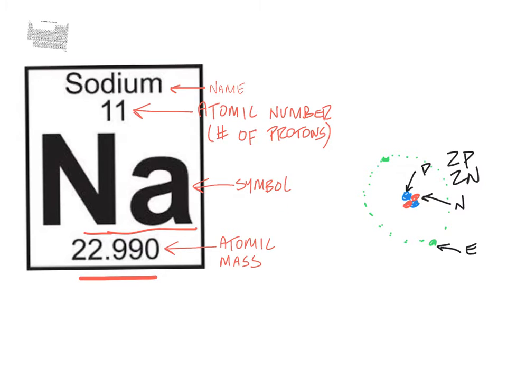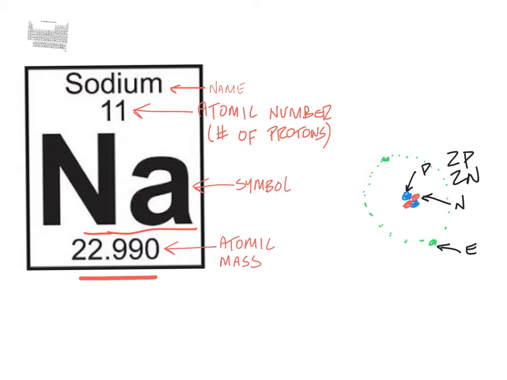Basically we're going to round it off to the nearest unit. We're going to get rid of the decimal behind it, and we want to make it either a 22 or a 23. And again, this just involves rounding. Because this is 22.99, it is far closer to a 23 than it is to a 22.